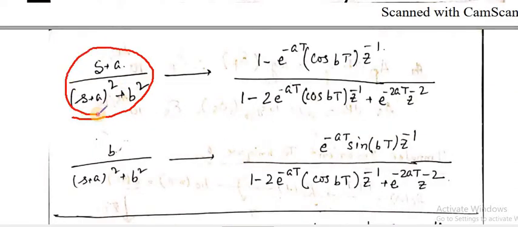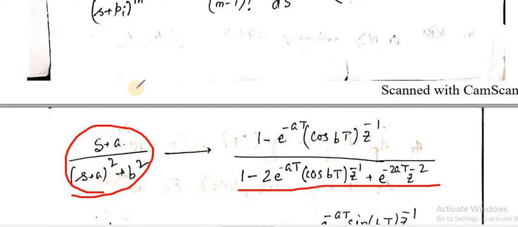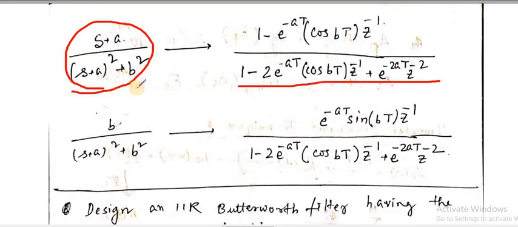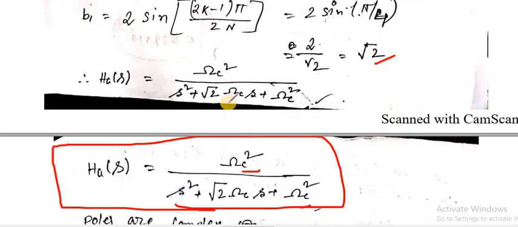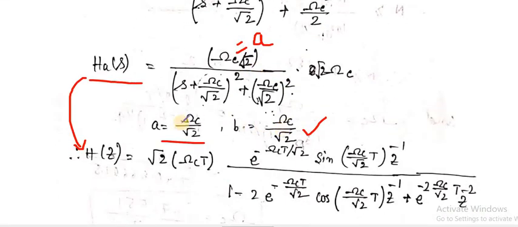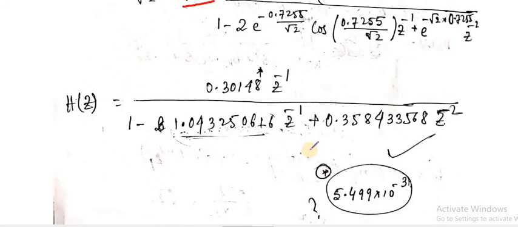If your analog transfer function is in this format, the corresponding digital transfer function is this. In the first class we discussed this. These are some standard analog transfer functions, and their corresponding H of z, you have to remember. So whenever we represent our H of s in this format, we can directly write this. And now we put the value of omega c T, and if we solve this, you get the final design H of z.